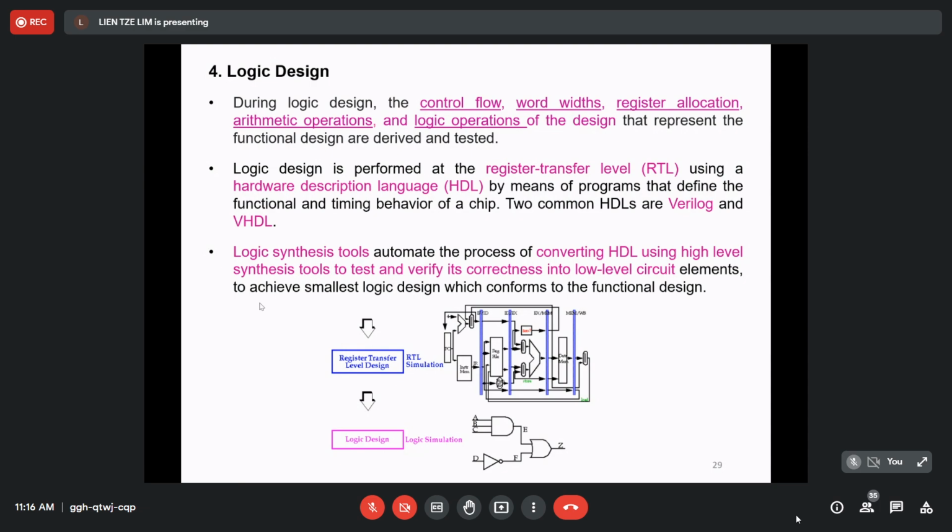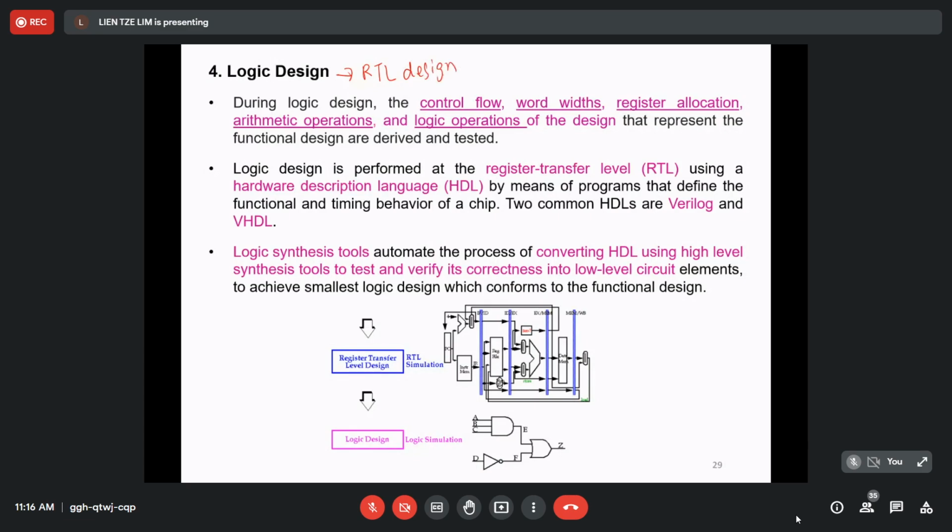Okay, after functional design, the circuit can be converted and also tested in a logic design. So logic design we usually call RTL design.